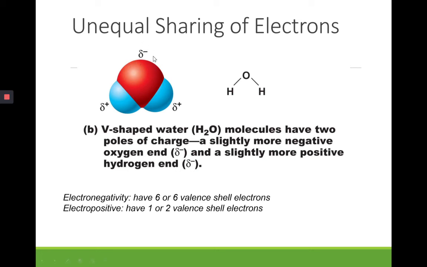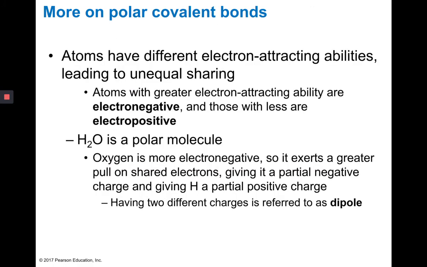So that's slightly electronegative, whereas since the electrons are closer to oxygen, the hydrogens don't have those electrons as close to them. Those sides are going to become slightly positive. And so that creates two poles, a negative and a positive pole. That's why we would consider this example to have a dipole and demonstrate unequal sharing of electrons and therefore form a polar molecule. It forms poles in the molecule, therefore it's polar.